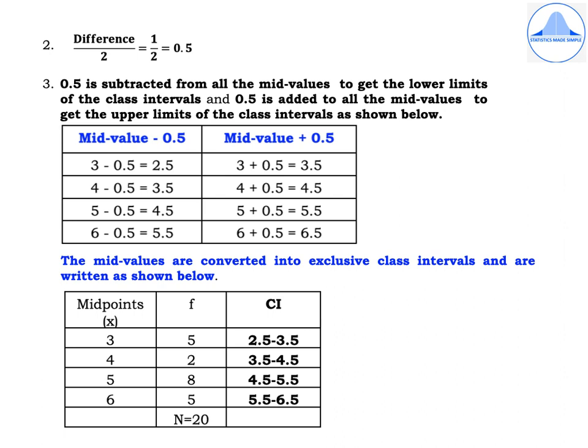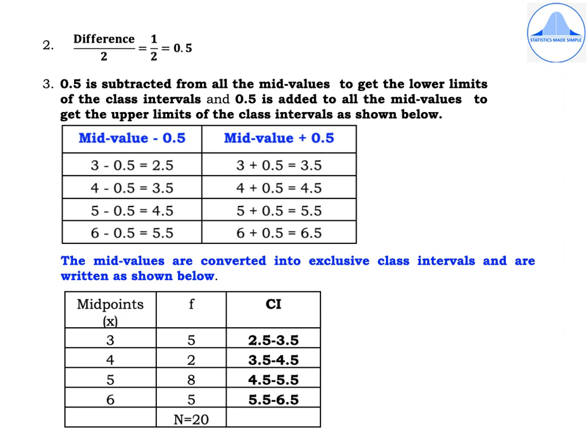So under mid value minus 0.5, 3 minus 0.5 is equal to 2.5, 4 minus 0.5 is equal to 3.5, 5 minus 0.5 is equal to 4.5, and 6 minus 0.5 is equal to 5.5. Then for mid value plus 0.5, we get 3 plus 0.5 is equal to 3.5, 4 plus 0.5 is equal to 4.5, 5 plus 0.5 equal to 5.5, and 6 plus 0.5 equal to 6.5.